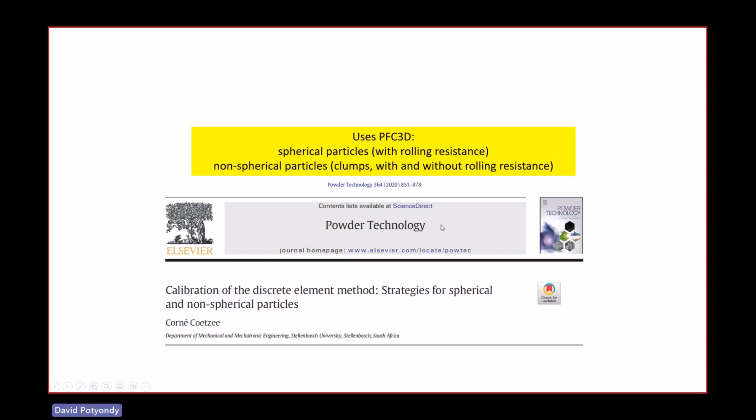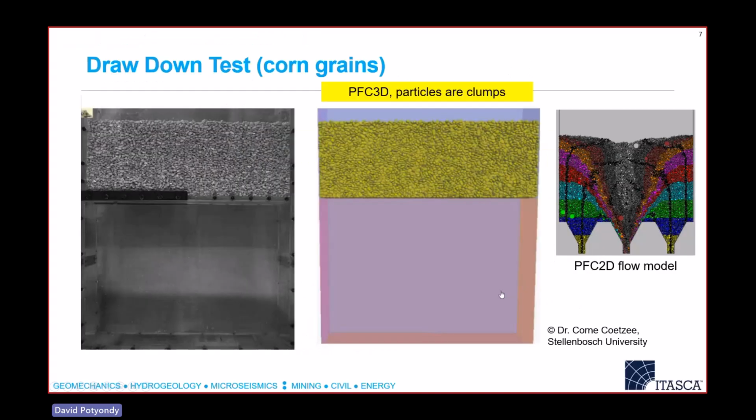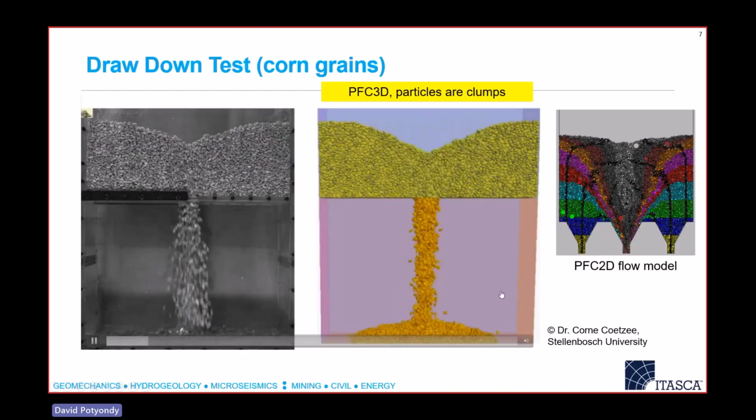Here he compares spherical particles, without and with rolling resistance, and then clumps. And what he finds is that the rolling resistance systems and the clump systems behave very well. Here's an example of the kind of stuff he does.